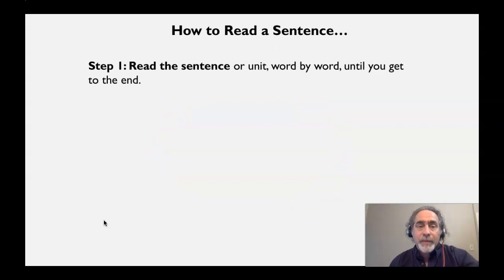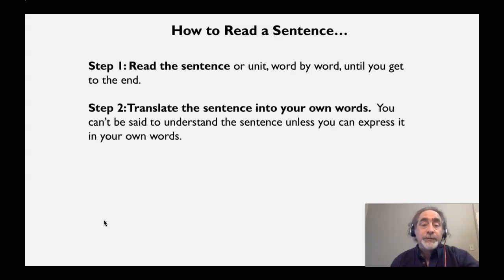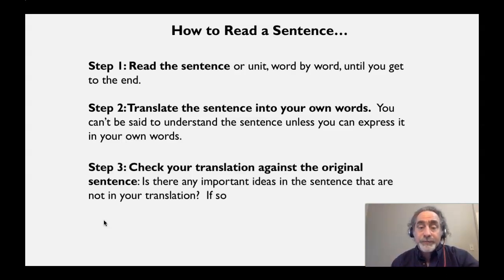4 steps. Step 1. Read the sentence or unit word by word until you get to the end of the sentence. 2. Translate the sentence into your own words. Even write it down. You can't be said to understand the sentence unless you can express it in your own words. 3. You're not done yet.